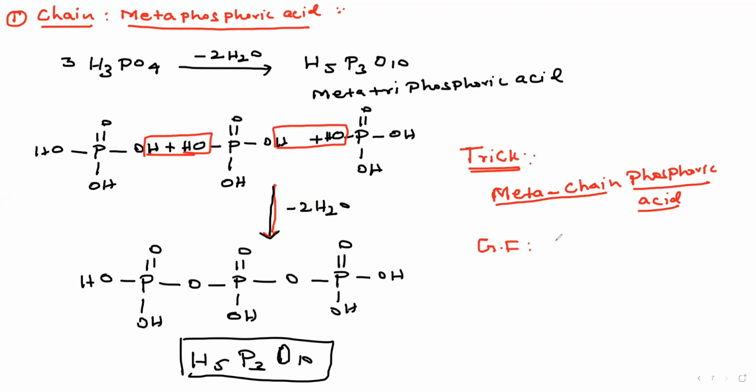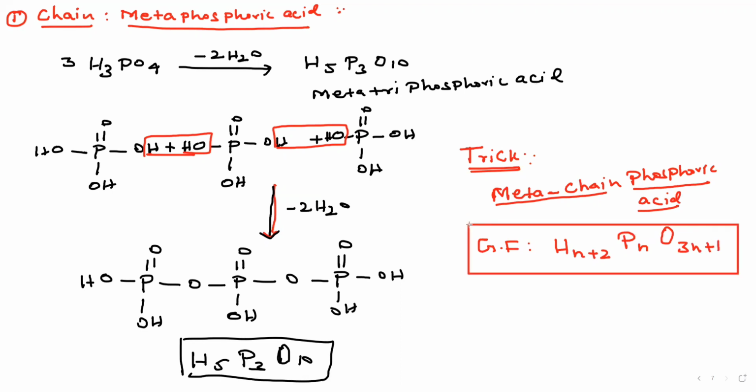It should be H(n+2) P(n) O(3n+1). Simple. What is the formula you have to memorize? H(n+2) P(n) O(3n+1). Now, n should be more than 2, right? Yes or no? Put n equal to 3.